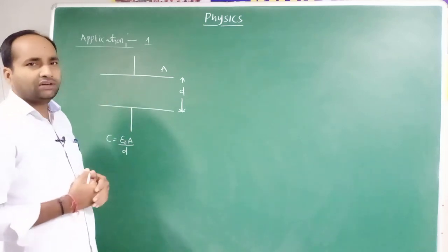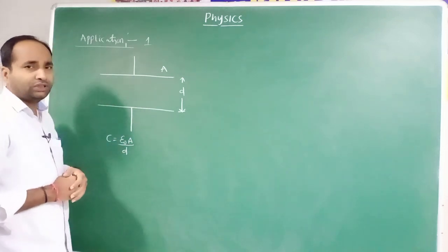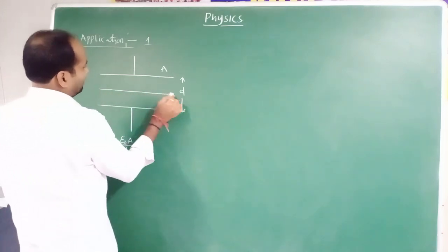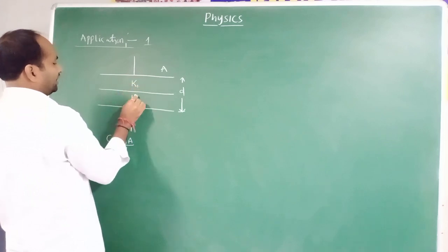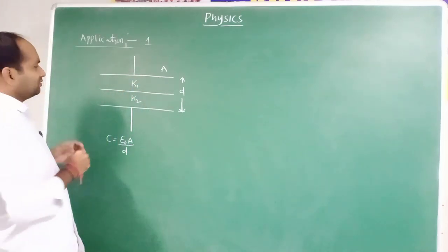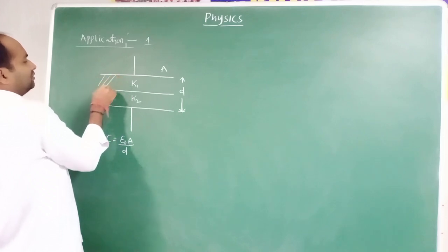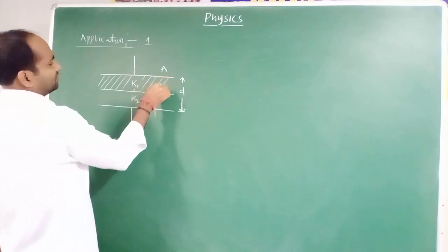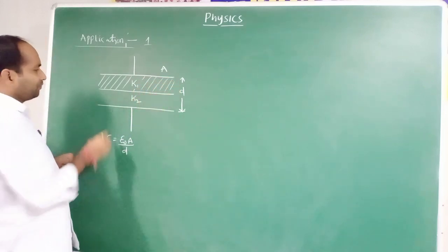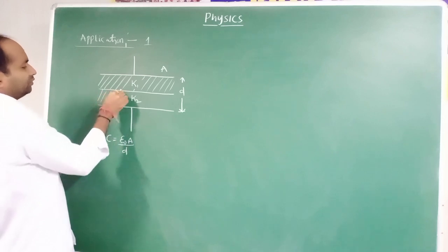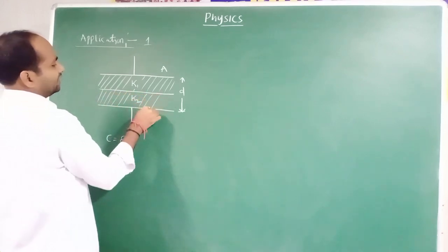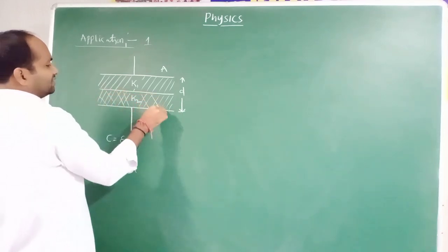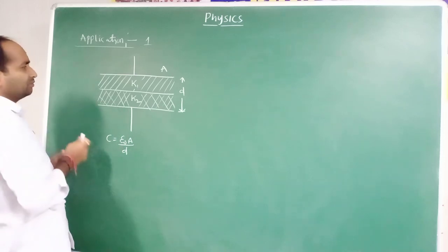Now if two dielectric slabs of constants K1 and K2 fill the space between the plates of the capacitor, this is the second dielectric slab, this is the first dielectric slab.